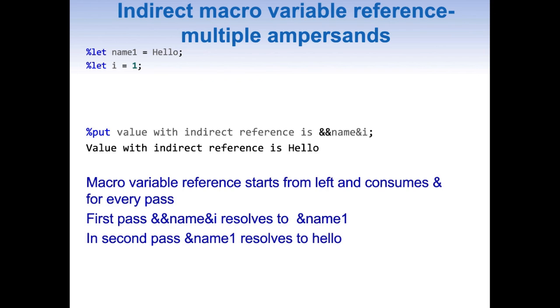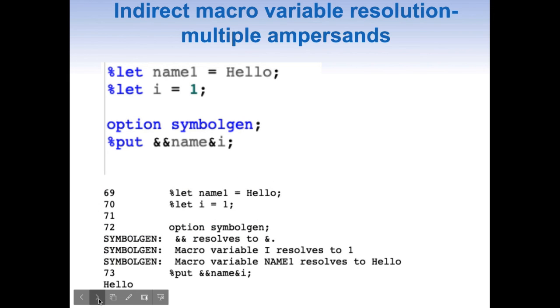Now let us try to understand this more deeply by using symbolgen. Option symbolgen helps us to know how macro variables are resolved. Again, here I am using %put with the double ampersand name ampersand I, but I have the option symbolgen on. So option symbolgen tells us how the whole thing resolves.